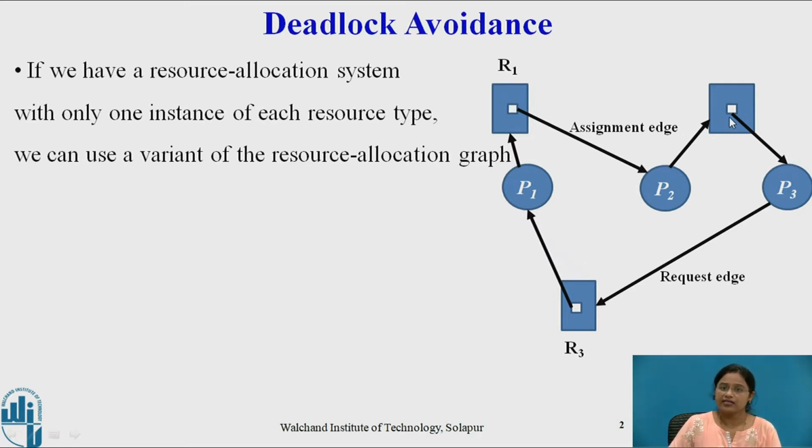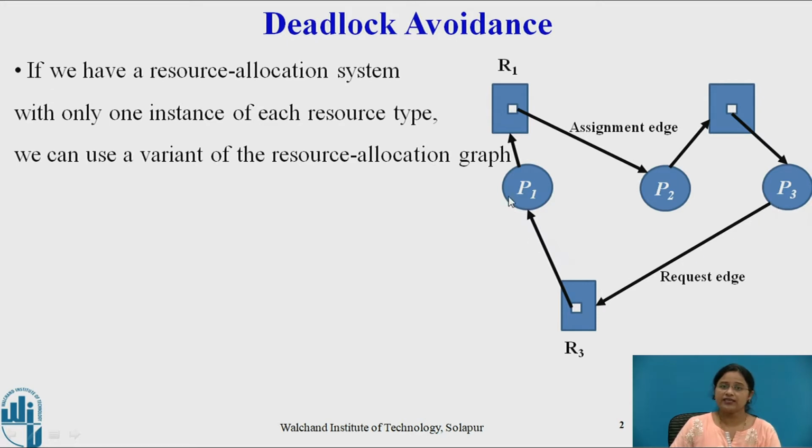Similarly, one instance of resource R2 is allocated to process P3, and P3 may request an instance of resource R3 in the near future. So, all these resources have a single instance and these instances are allocated to each process. R3 is allocated to P1, R1 is allocated to P2 and R2 is allocated to P3.